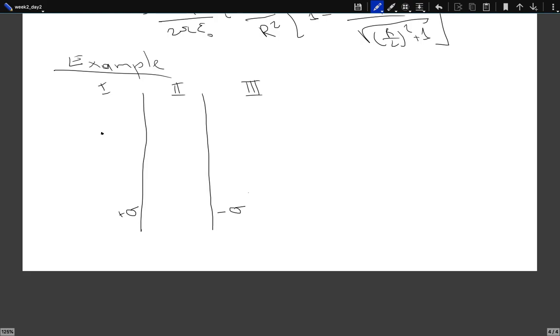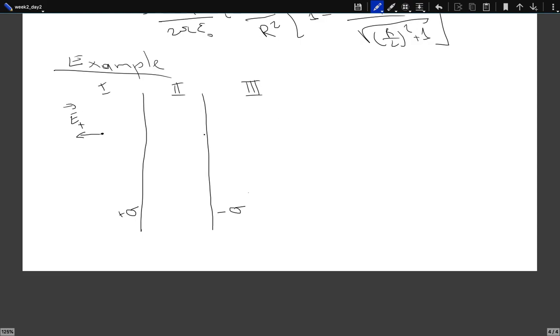So here I have one set of charges. They will be creating their electric field at that point. Let's call that E plus. What will be the direction of the electric field created by this plate? Towards the left. This is E plus.